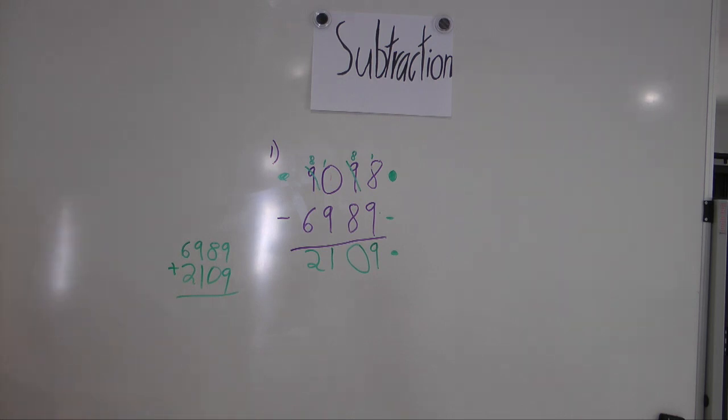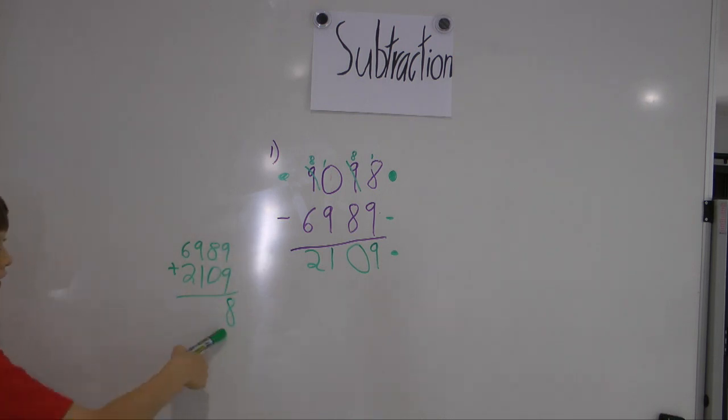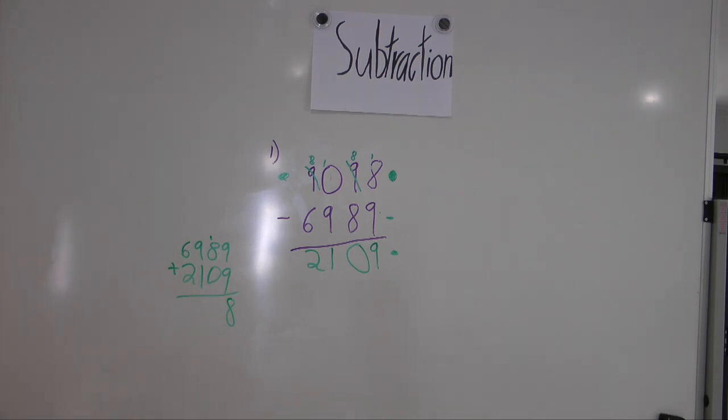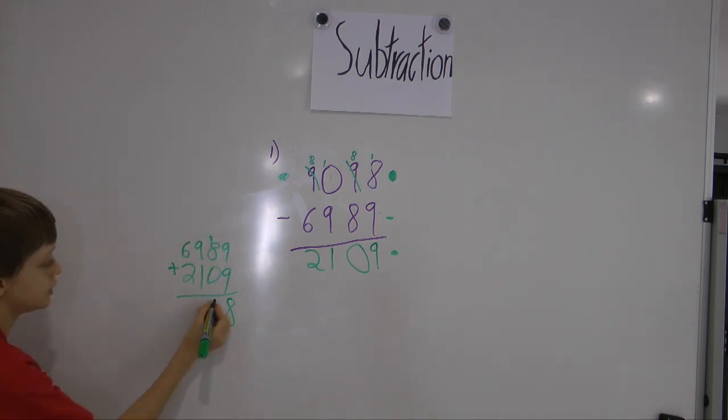Now 9 plus 9 is actually 18, but you can't put 18 in one column. So you put 8 in this column, and you put a 1 over the 8. And now since it is 8 plus 0 plus 1, because you have this one here, that is 9.